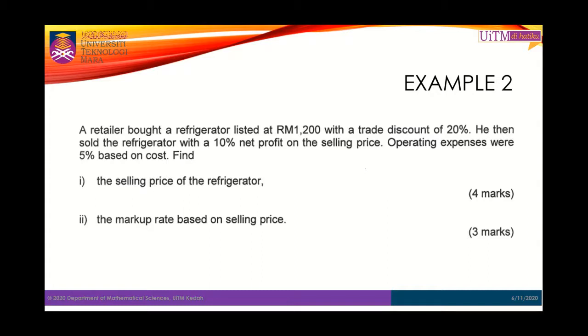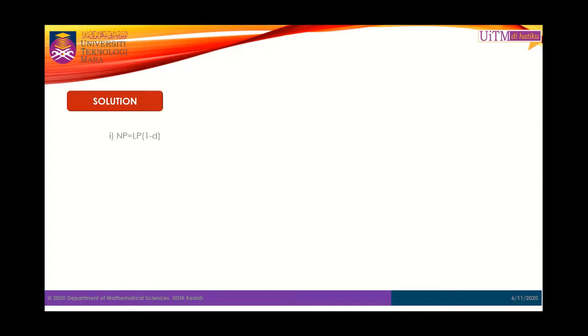It combines the trade discount chapter with the Mathematics of Retailing chapter, so be very careful if you come across this kind of question. Other than that, it's all the same. The refrigerator will be sold at a 10% net profit on the selling price, and the operating expenses are 5% based on cost. Let's look at how we can solve this problem.